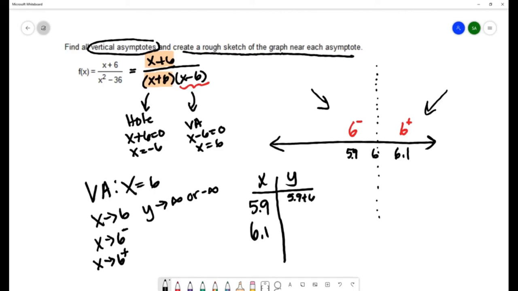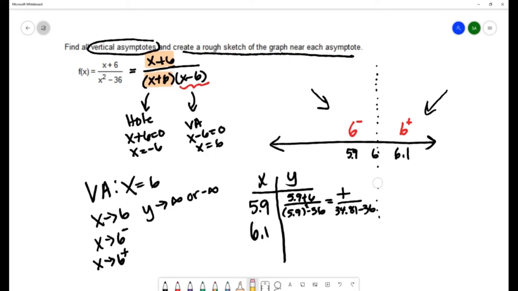5.9 plus 6 over 5.9 squared minus 36. 5.9 plus 6 is a positive number. 5.9 squared is 34.81 minus 36, and that's a negative value.